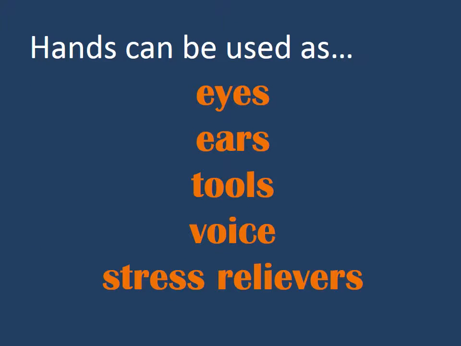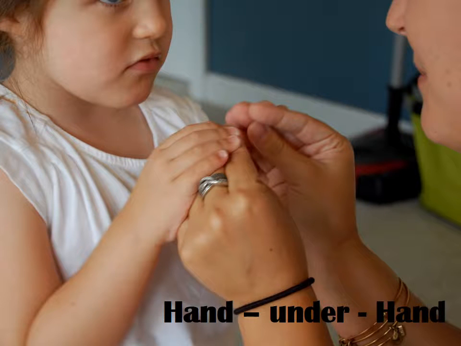Moving on, when we talk about touch, often we start with the hands, but really it's everywhere. It can be the feet, the back, the belly, the head. The body of a learner with combined vision and hearing loss is used for everything else. It's used for their eyes and their ears as tools. Hands can be used as a voice and also as stress relievers. This picture shows a technique that we're going to talk about called hand under hand.